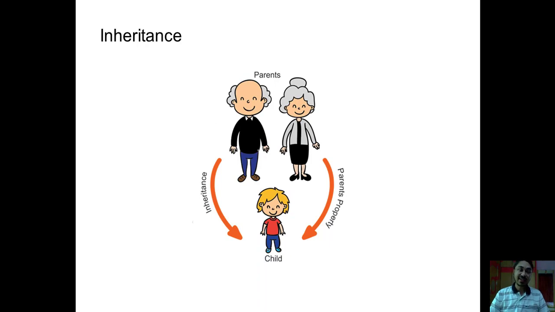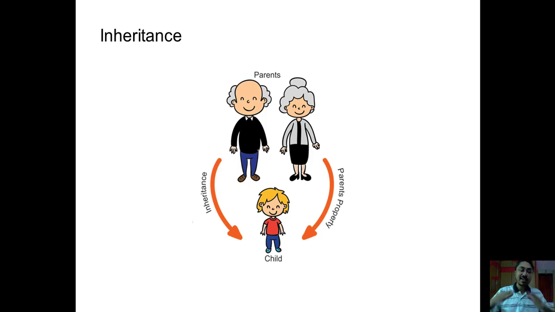Now let's see another concept, that is inheritance. If someone is rich, that person would have worked really hard to get to that success, to get to that richness, or that person might have inherited properties from the parents. So inheritance means getting something from your ancestors.